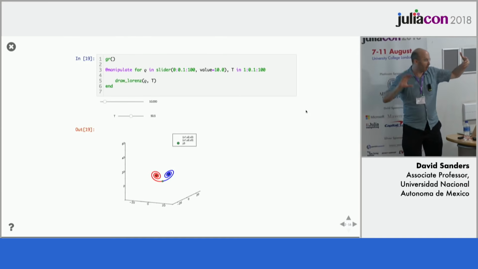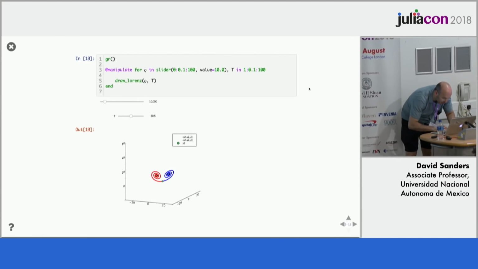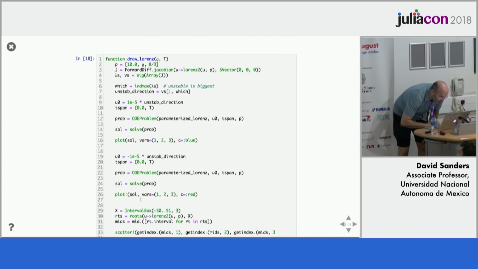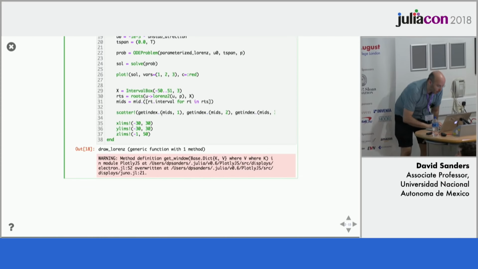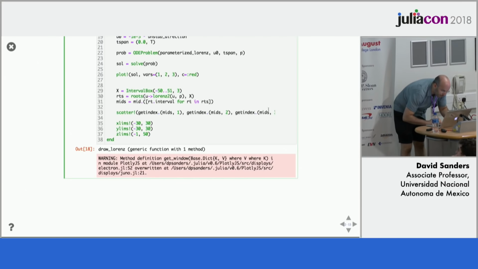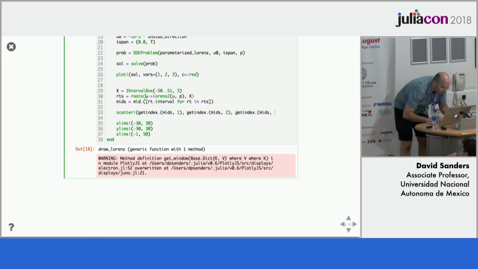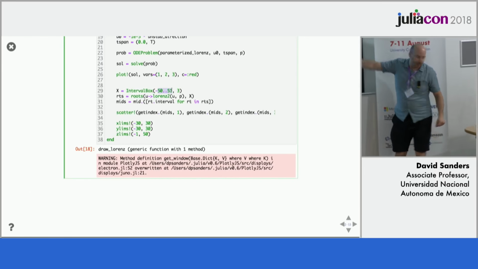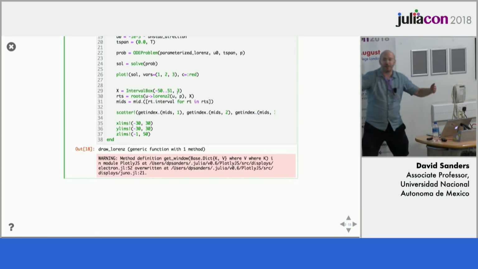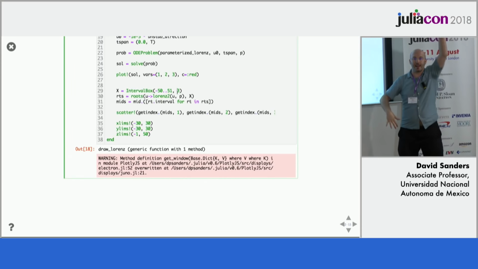So I give it an initial big box. Let's just go back to the code. So here it is. I give it an initial box that's from minus 50 to 50, and it's 3-dimensional, so that's minus 50 to 50 in x, in y, and in z.